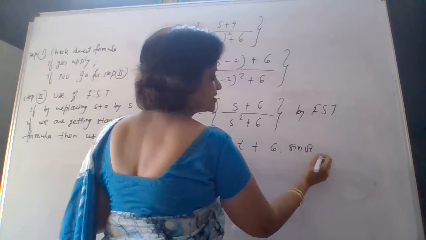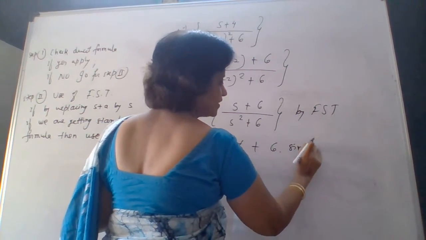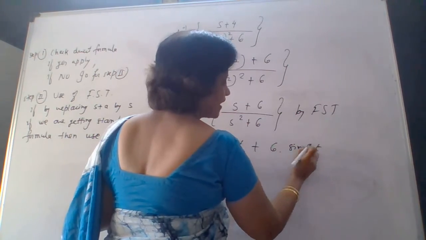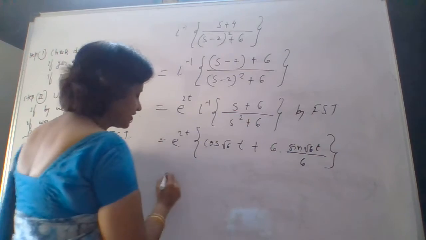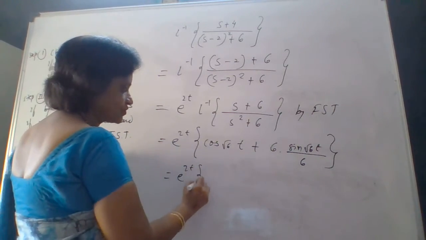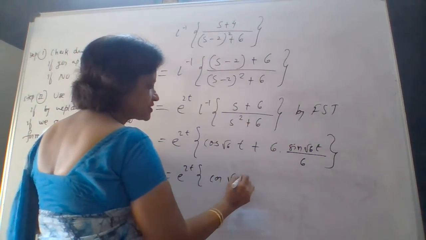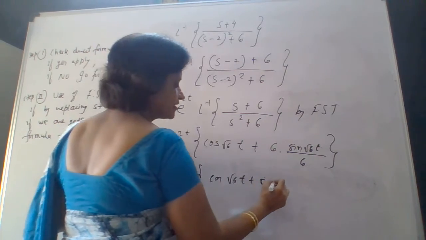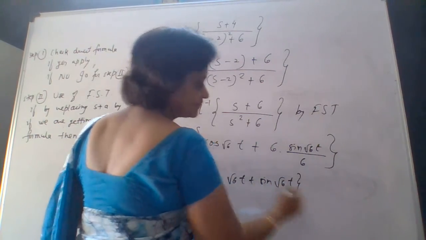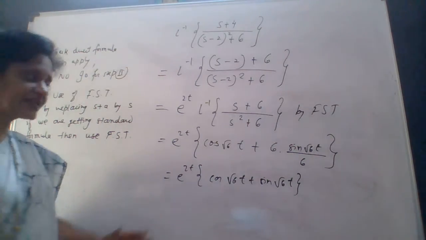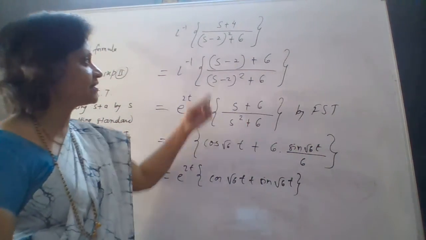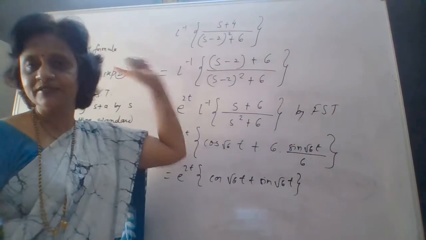Sine of at. That is root 6 here upon a, and finally we have e raised to 2t (cos root 6 t plus sine of root 6 t). We have seen Laplace. You can find its inverse and cross check the answer. We are getting back this.